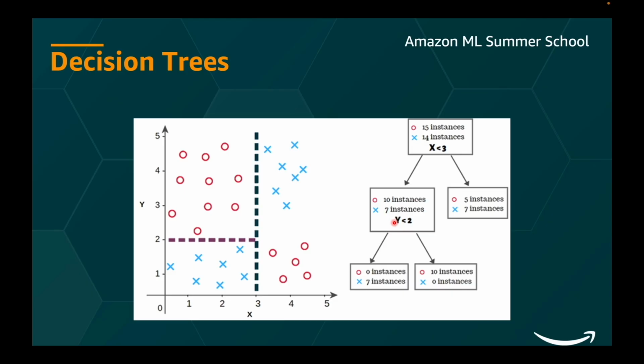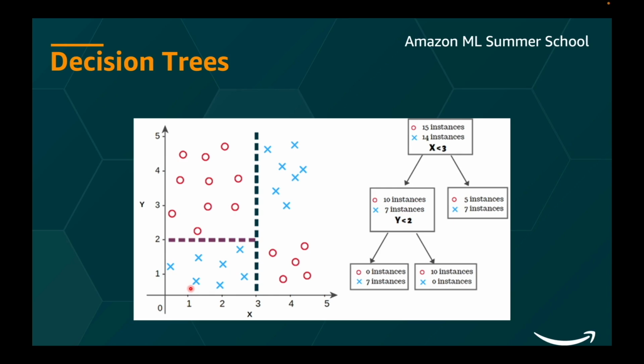So y less than 2, that means this is one other partition, even within the partition of x less than 3. So now this part has been partitioned. And so you can see over here, when y is less than 2, it's done a perfect split of this data. All of the red points are on this side, and all of the blue crosses are on this side.